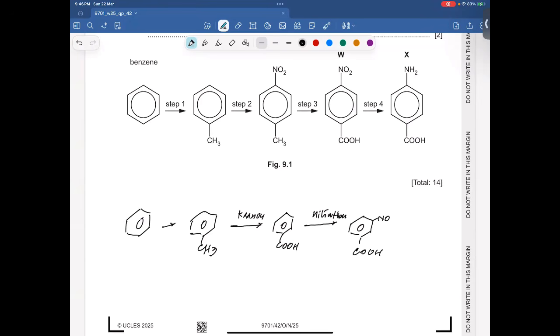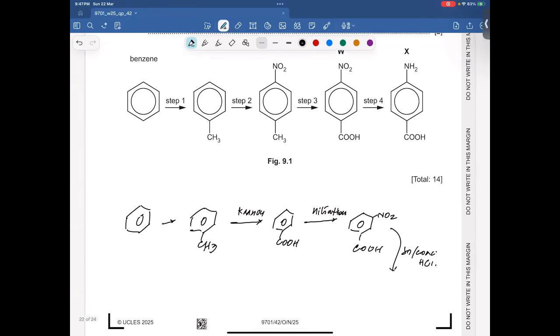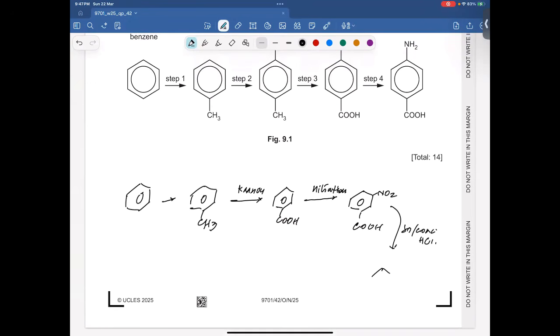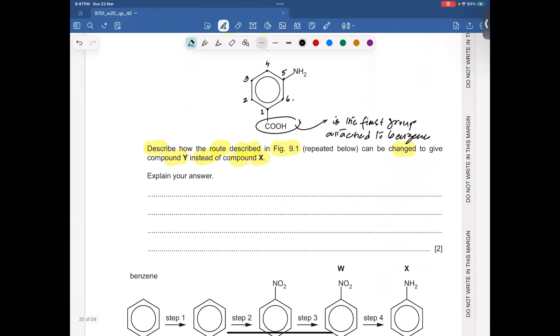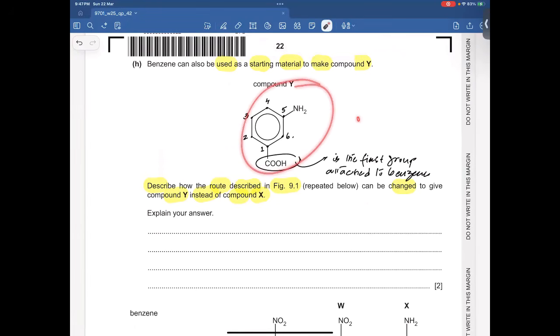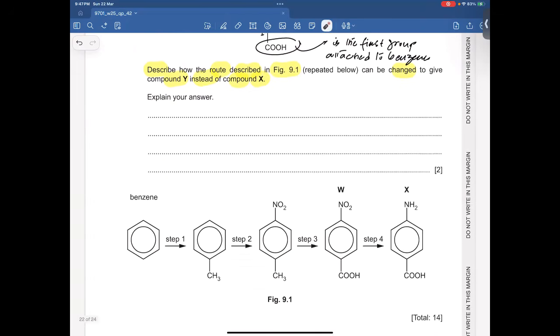So I'm going to put it here, and then we'll go for reduction. This is going to be NH2 and this is going to be COOH. So that was the product the examiner has given you here. I hope it makes sense to you. So explain your answer.